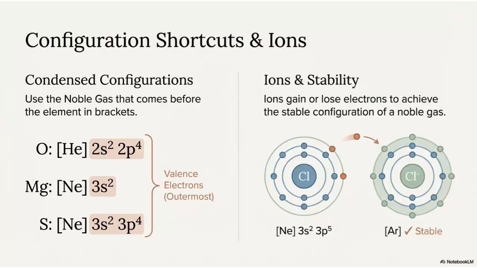So I'm going to write helium in brackets, and then the leftover, I write down there. Because by doing that, I'm showing that those are my valence electrons. And helium shortens out whatever I have before that.